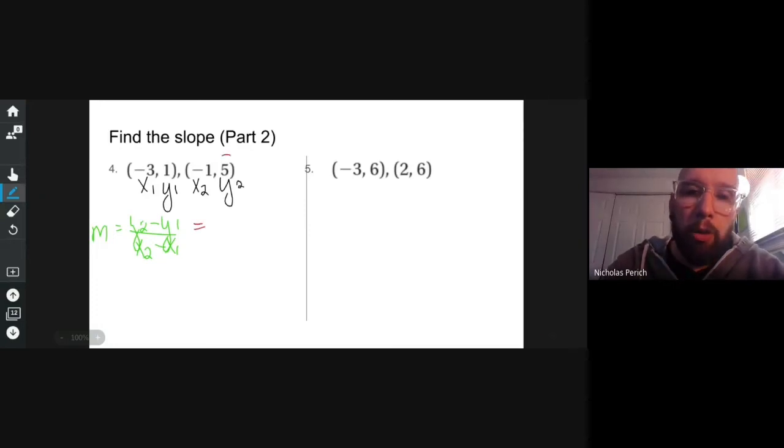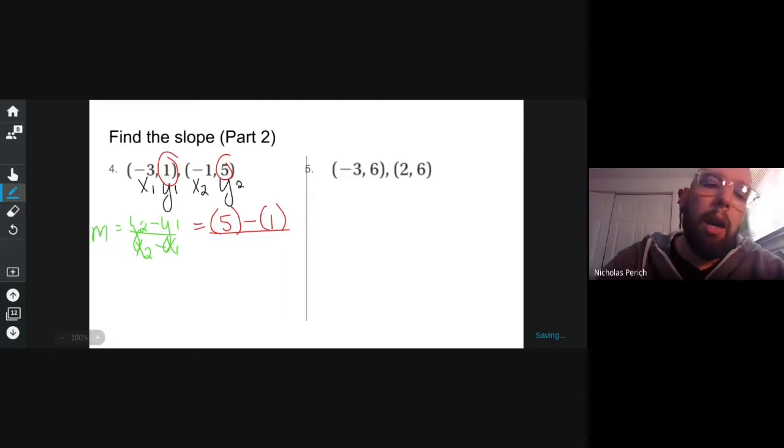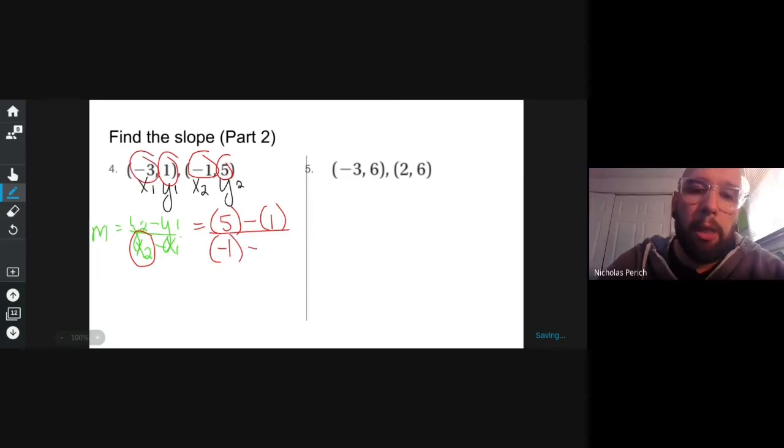Y sub 2 is 5. So I'm going to say 5 minus y sub 1, which is 1. So I have 5 minus 1 on top. X sub 2 is negative 1 minus x sub 1, which is negative 3.